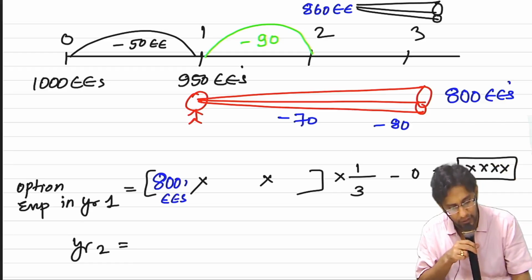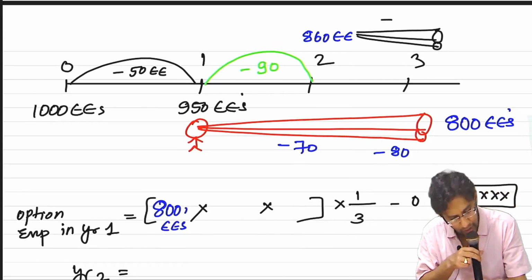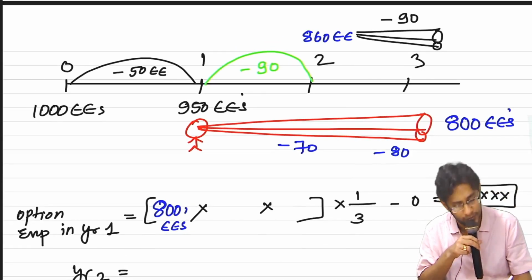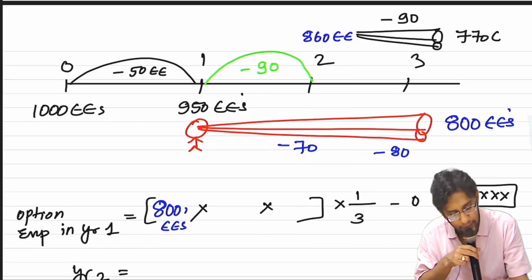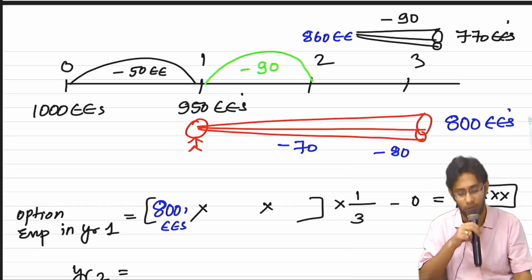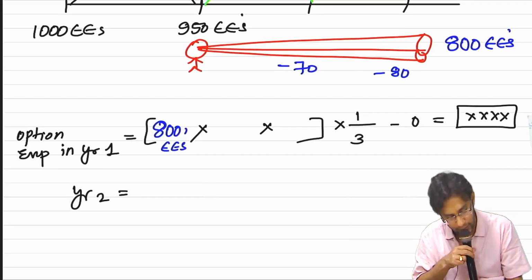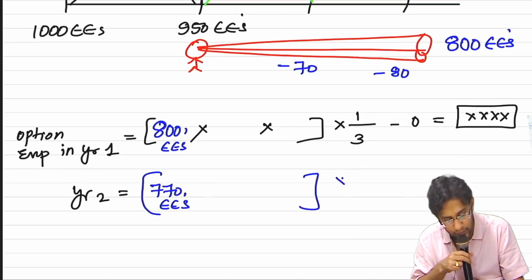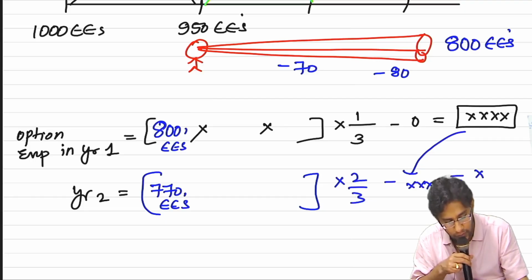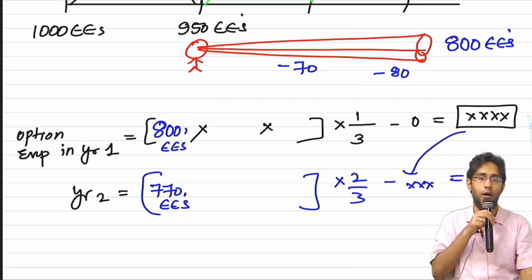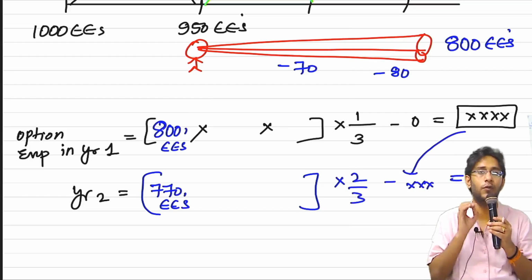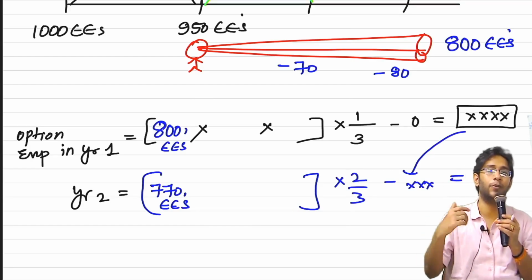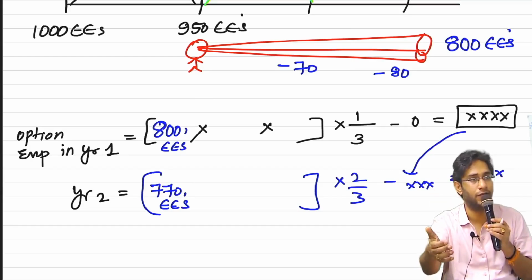If I believe that out of 860 another 90 will leave, then 770 employees only I am able to foresee. So in the second year you will compute only for 770 into 2 by 3 minus the earlier expense. You understand, sir? The number of employees should always be the estimated employees at the end of the vesting date, not from your balance sheet.